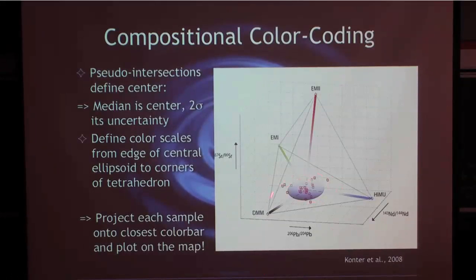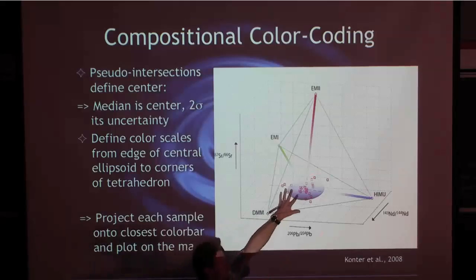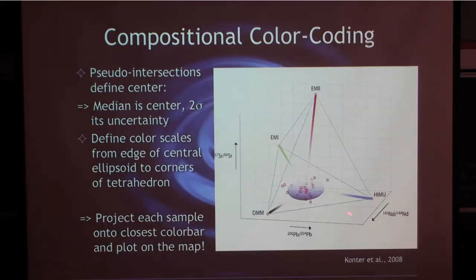And since a couple of these are kind of far away, I decided to take the median of this and describe the uncertainty of that center with the variation of these dots. And then define from that center point different colors out in different directions. So I have to mention here, this is done in a different way than originally, but we actually started doing something like this at the first CIDER that I was at.